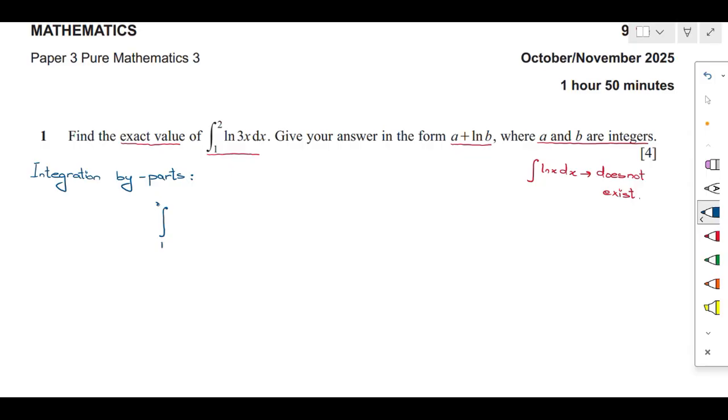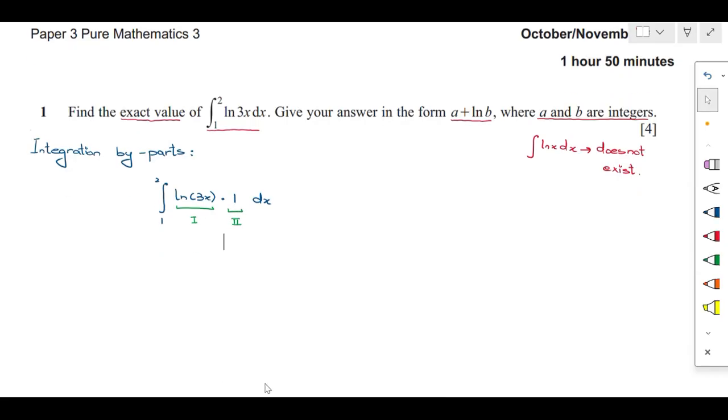We have from 1 to 2 the function natural log of 3x, its product with 1 and dx. Now we consider natural log of 3x as the first function and 1 as the second function.